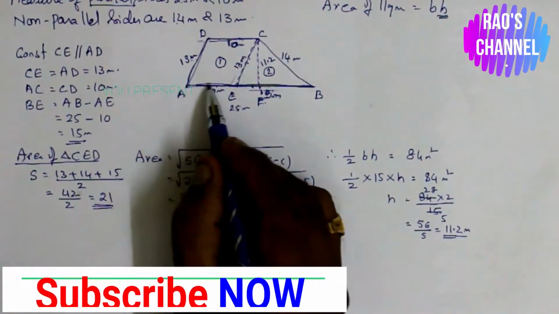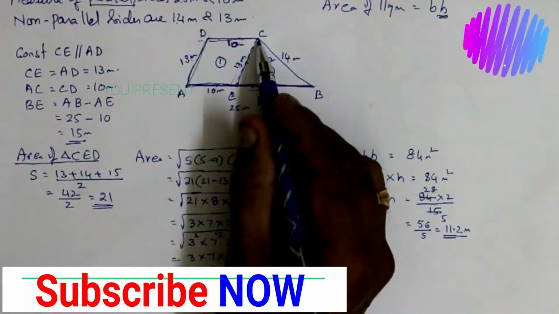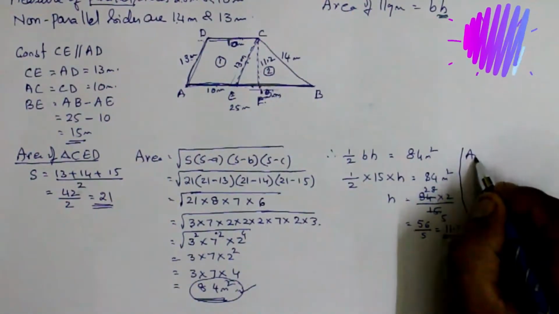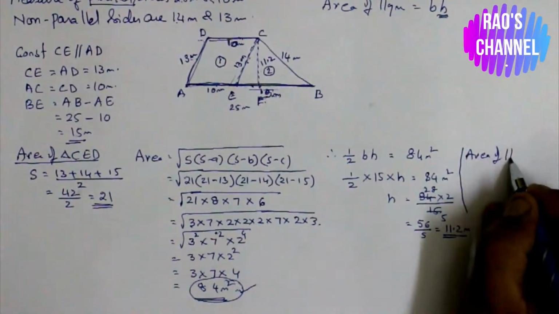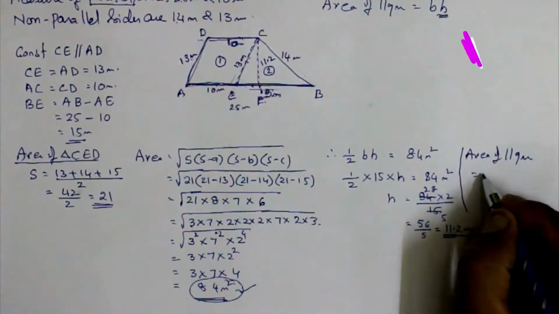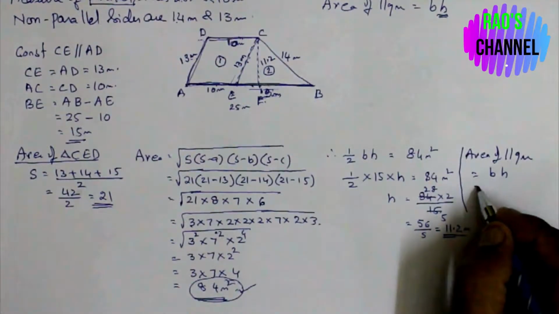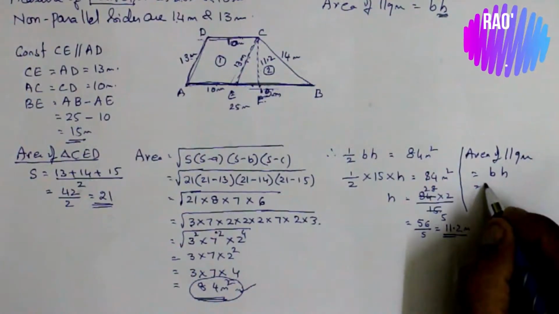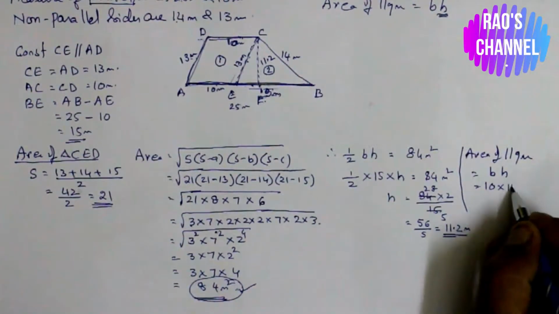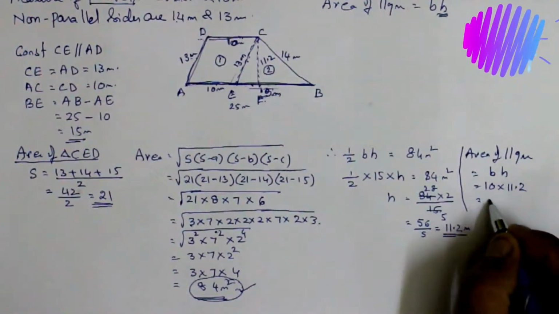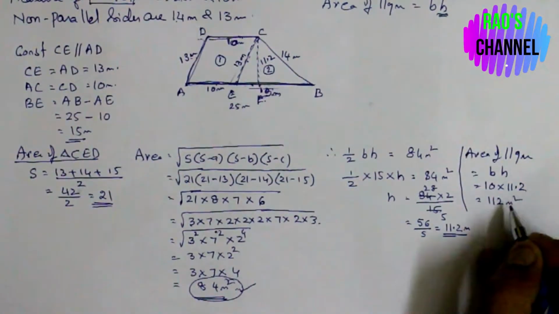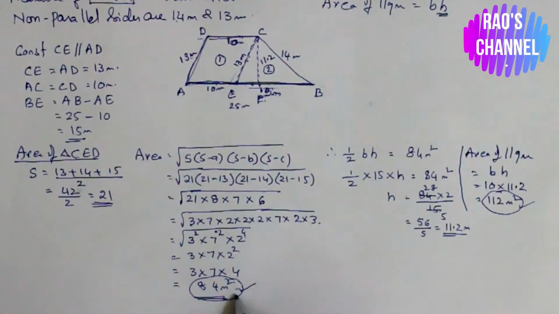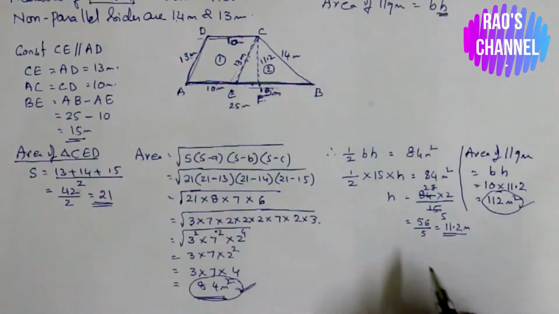Now I can find the area of the parallelogram, base into height. Now area of parallelogram is equal to base into height, in which base is 10 and altitude is 11.2. 10 into 11.2, which is 112 meter square. Clear? The sum of parallelogram and triangle together gives the area of the quadrilateral.